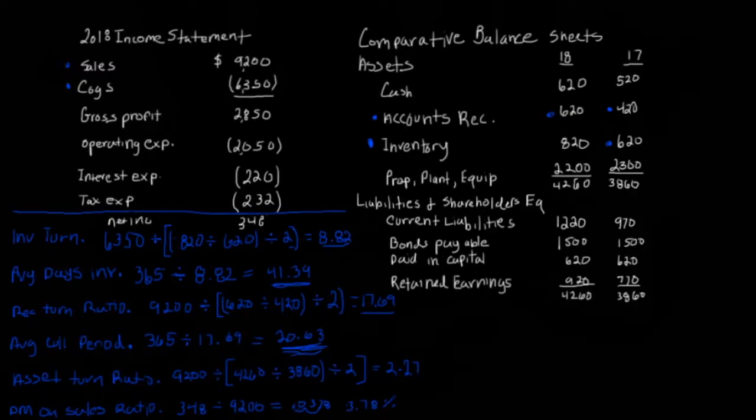We'll move on to the return on assets. I'm going to move this over here real quick because I think I'm going to run out of room very soon. Return on asset ratio. And I abbreviated just a little bit. Okay, so return on asset ratio, you're going to use your net income again of $348.